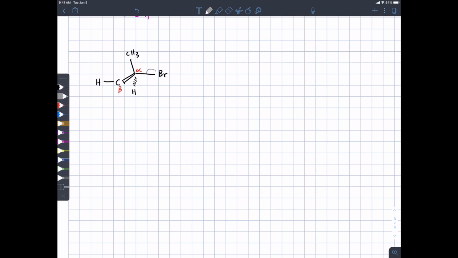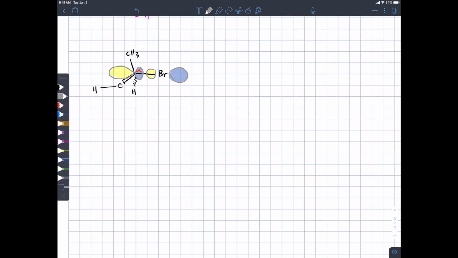Here is the sigma star or the LUMO that we've said is on the alpha carbon, but because of hyperconjugation, we're also going to say that it's on the beta proton.